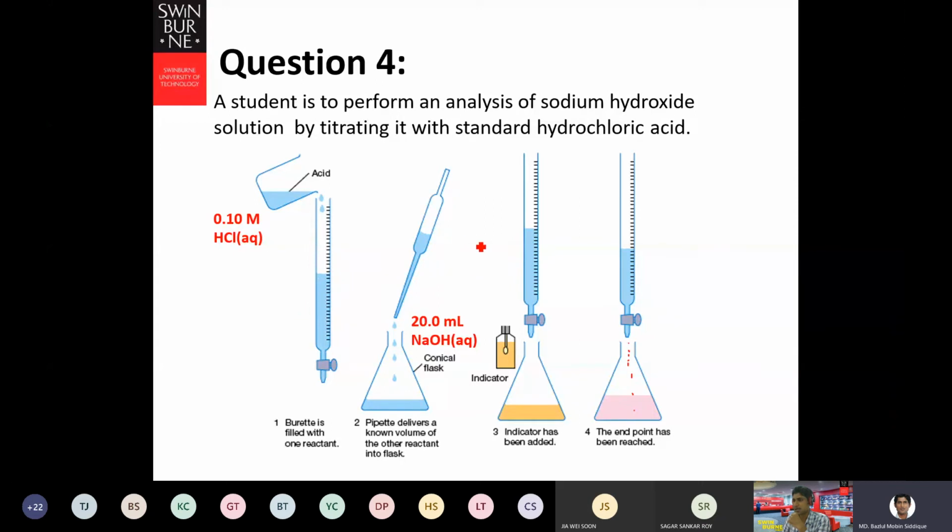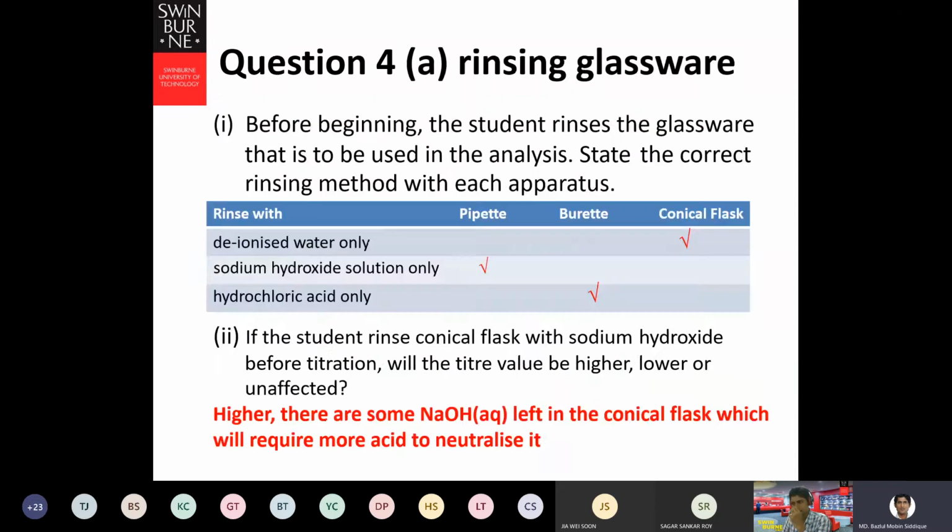Sodium hydroxide I am taking in the flask. It is HCl in the burette. So that is why I need to rinse the burette with hydrochloric acid. Rinse it means just fill it up, or just a little bit, and then throw it.